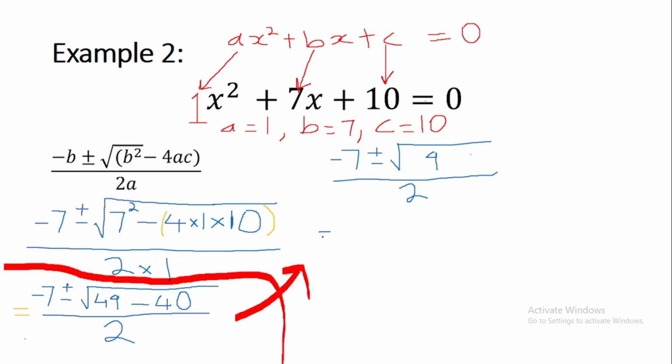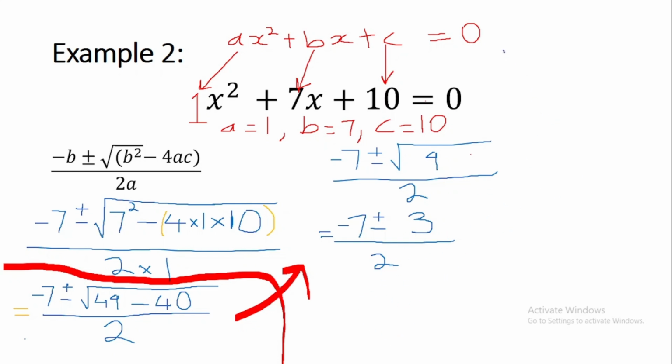So that will be equal to negative 7 plus or minus the square root of 9, which is going to be 3, because 3 times 3 is 9. So 3 all over 2. So we're going to have our two final parts now for x.